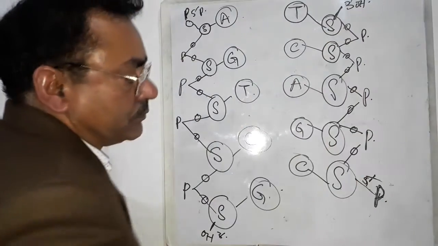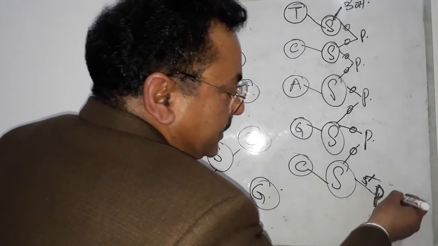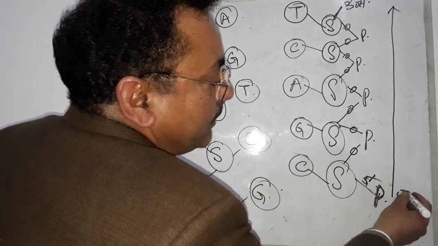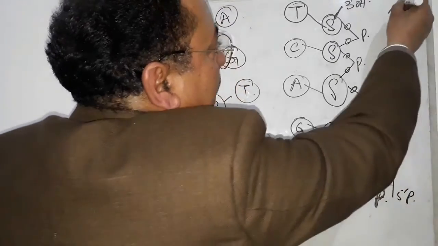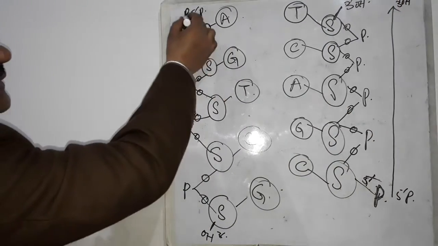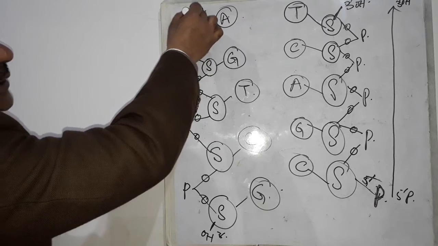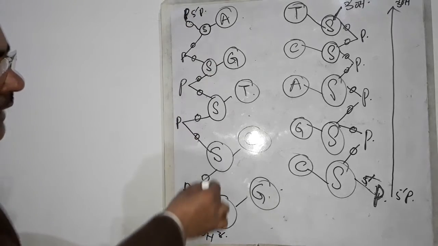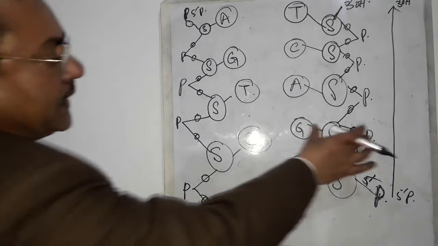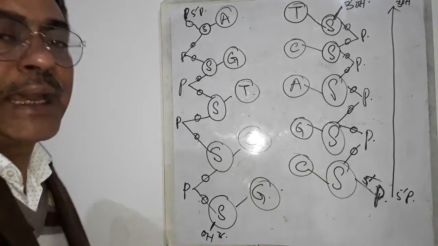So the chain runs from this to this. Here it has 5-P and here it has 3-OH. Whereas this one had 5-P here and it ran downwards to 3-OH. So the two chains are anti-parallel.